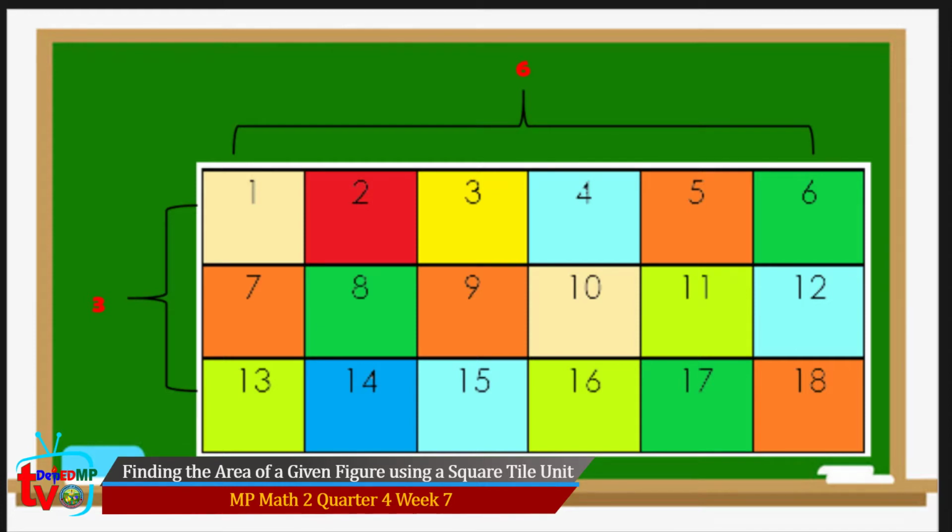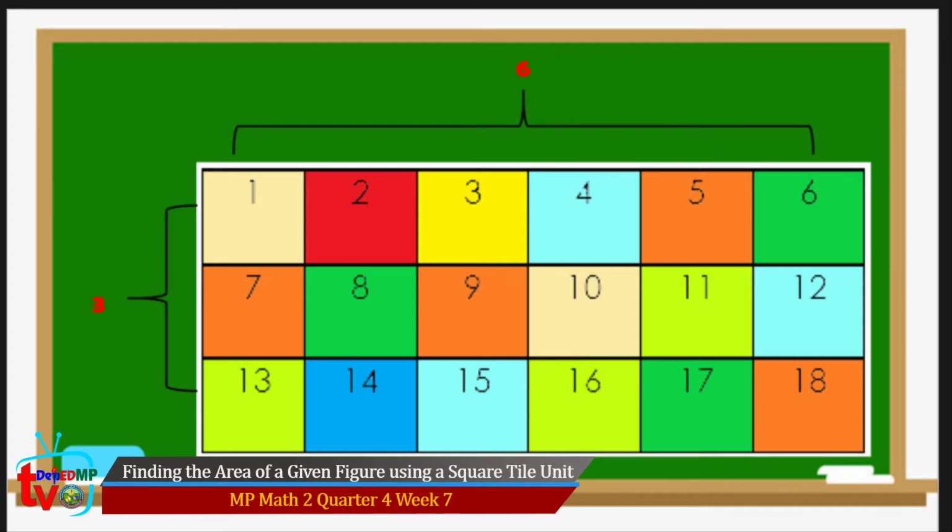Let us count them. 1, 2, 3, and 4. There are 4 orange square tiles. How many are colored green? Let's check. 1, 2, and 3. There are 3 green square tiles.